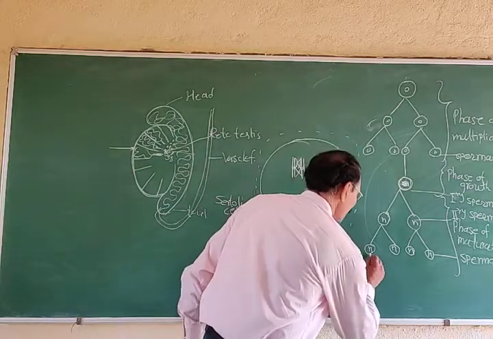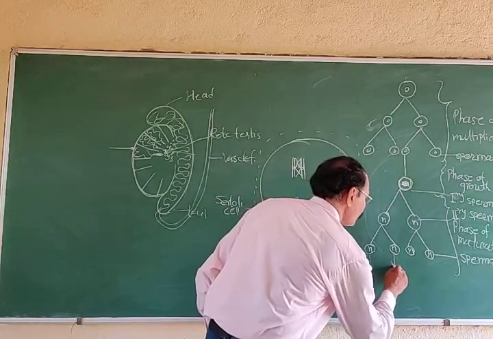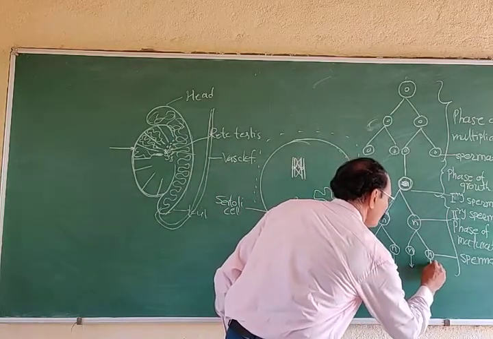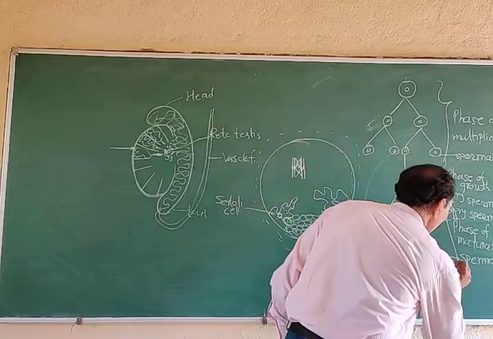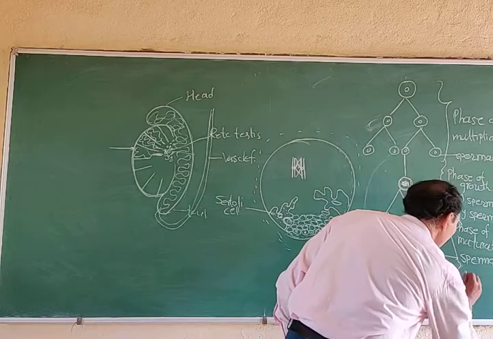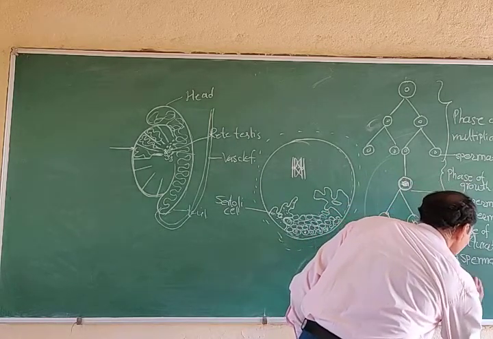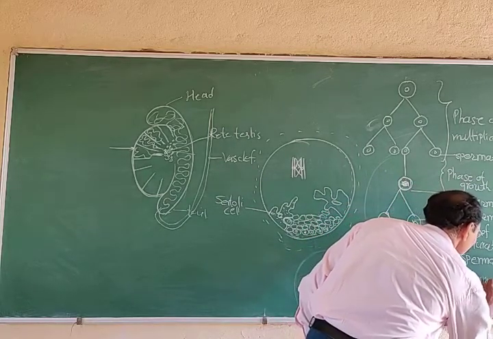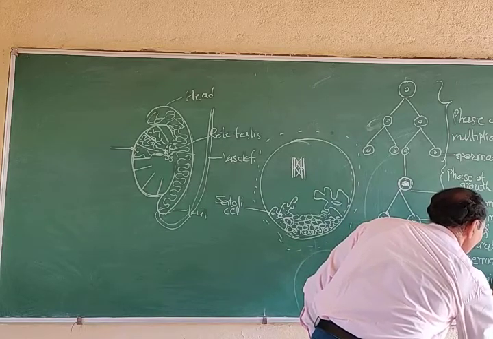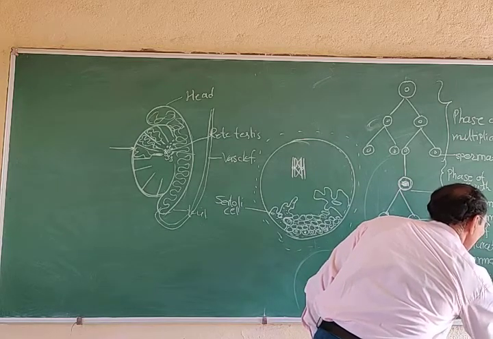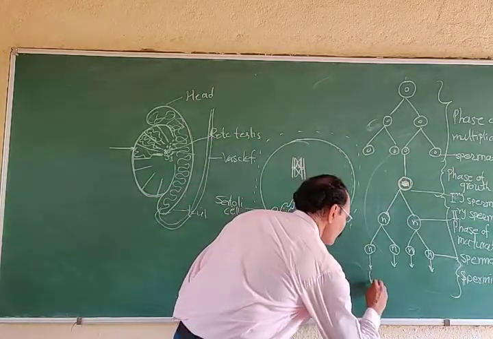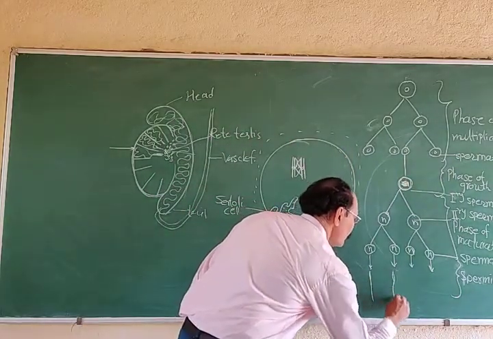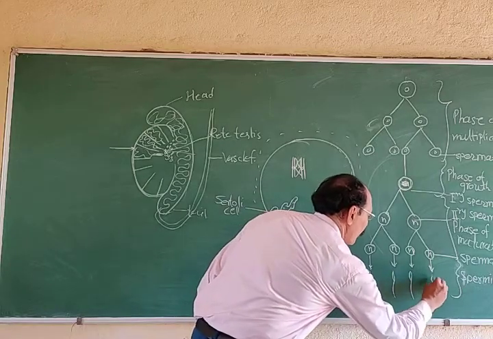The process of these changes that take place in the spermatid to become an active sperm is called spermiogenesis. In the process of spermiogenesis, the active sperm is formed.